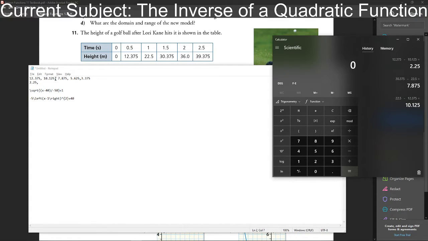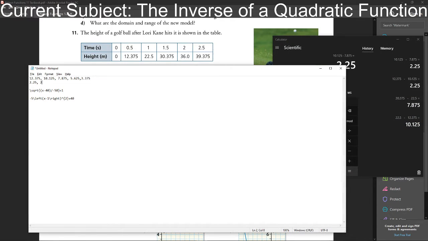So that's that. Then we want to do 10.125 minus 7.875. Yep, so that's going to be 2.25. Okay.